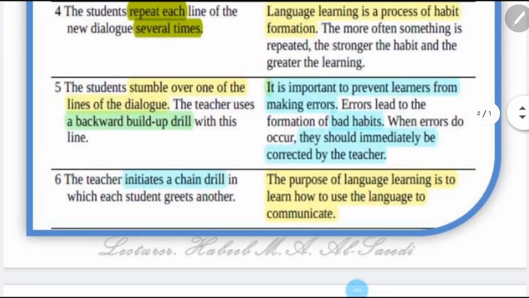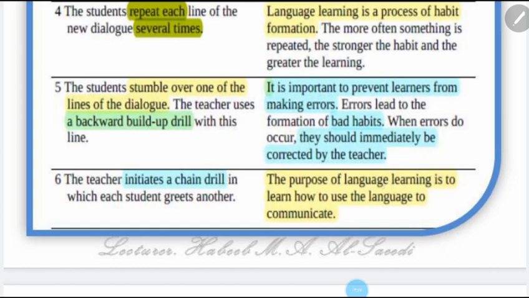Number 5, the students stumble over one of the lines of the dialogue and the teacher uses a backward build-up drill. It's important to prevent learners from making errors. Why? Because when they continue making errors, they will form bad habits. Okay?